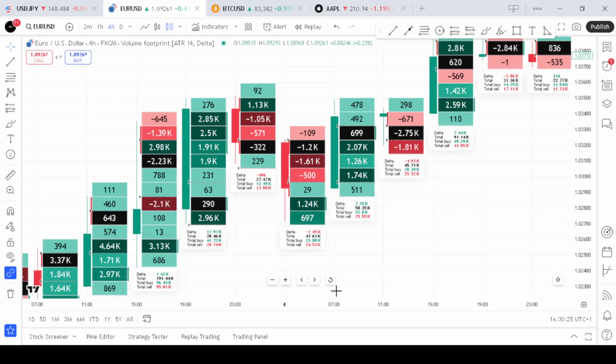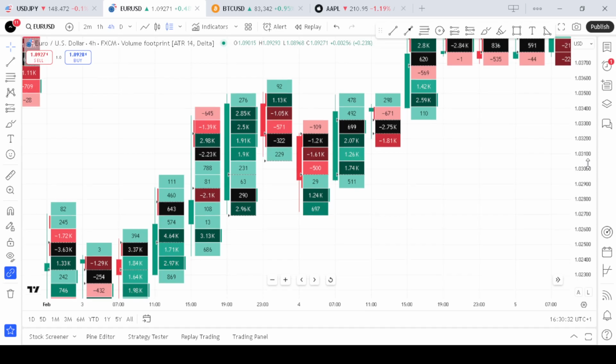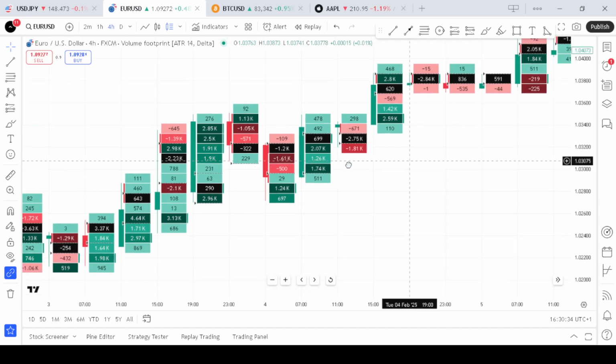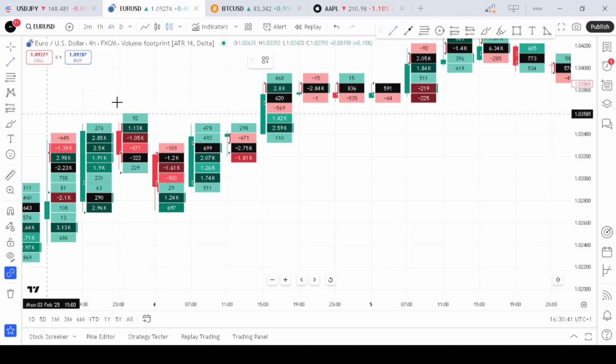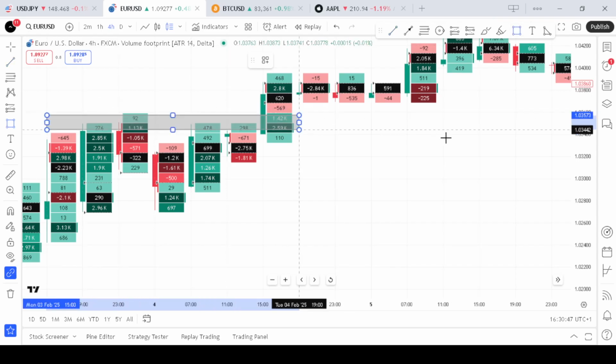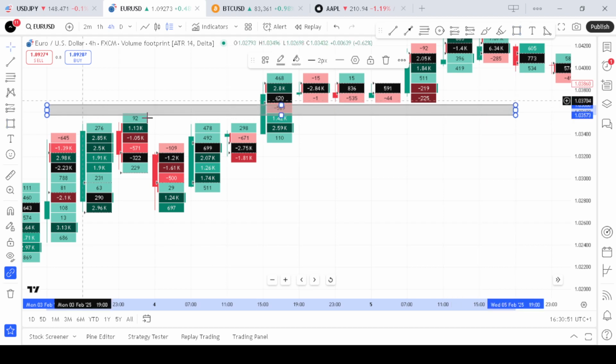Now, to implement this strategy, we start by identifying the key support and resistance areas on the chart. If we look at this, we can spot this area to be a key support area. I think I'll use a resistance area or a support area. This particular area, as you can see, was a major resistance before it got broken at this area and became a support.